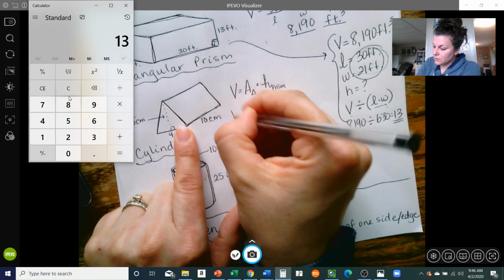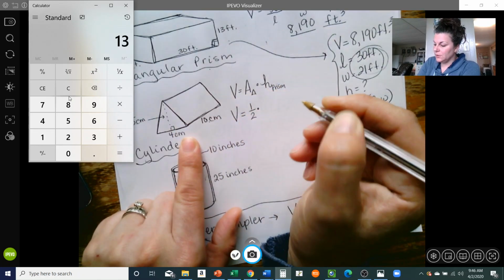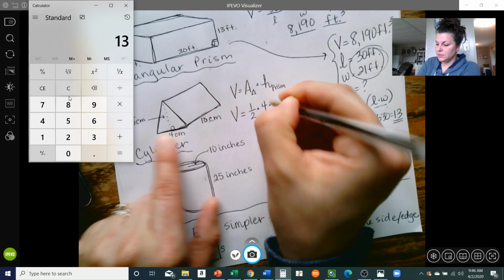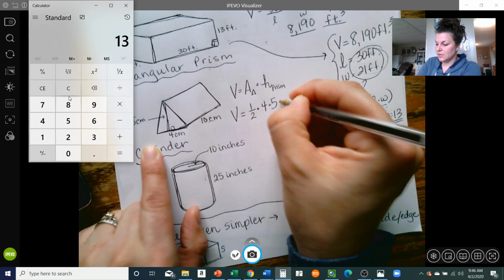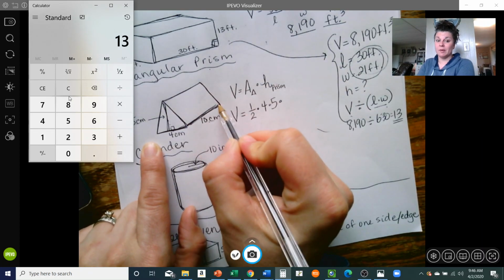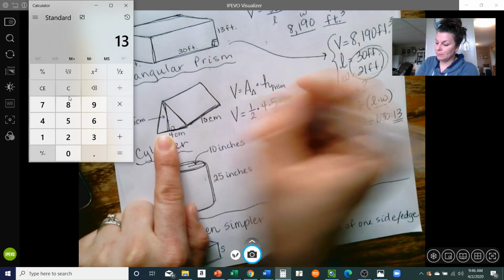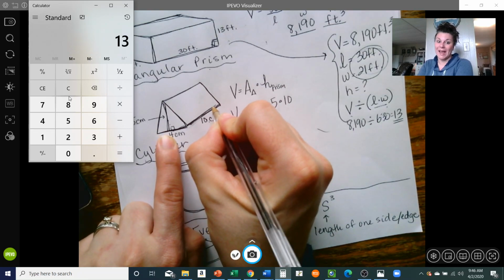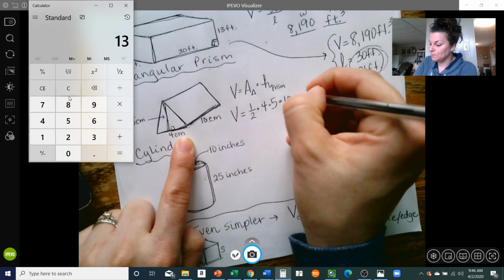Okay, so the volume is going to be 1/2 times the base of the triangle, which is 4, times the height of the triangle, which is 5, times the height of the prism. Remember, that's the distance between the bases. That's 10. So I purposefully laid this one on its side so that you could look at what the height means. The height is the distance between the bases.